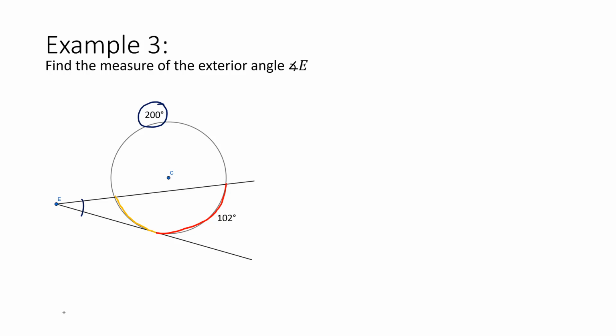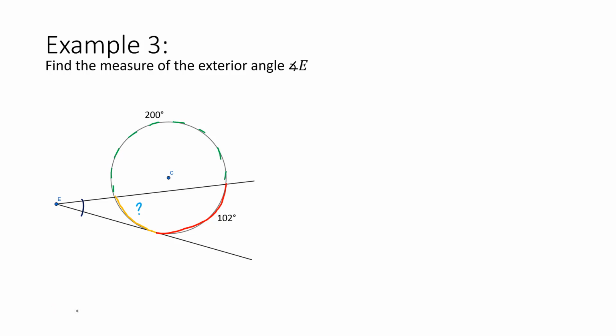But there's a value missing. We need the minor arc. We don't have it. This arc that's not part of the exterior angle measures 200 degrees. And we already know that the complete circle is 360.